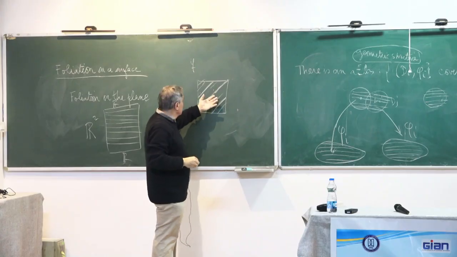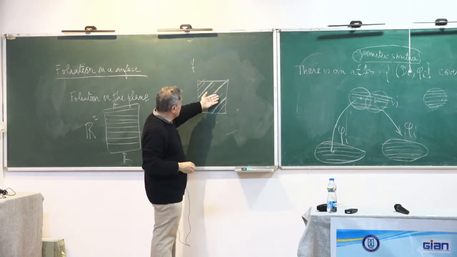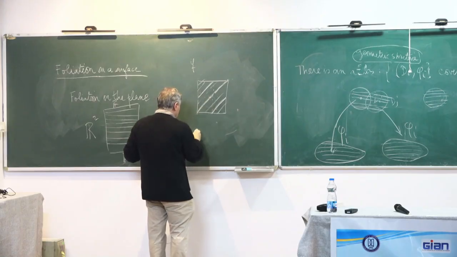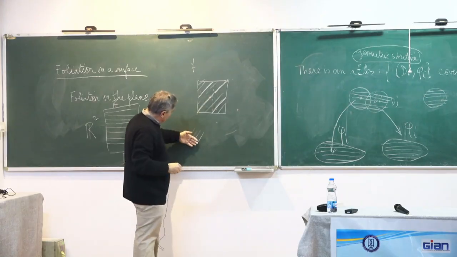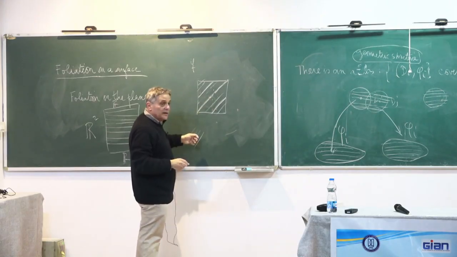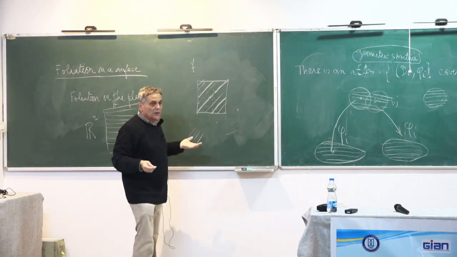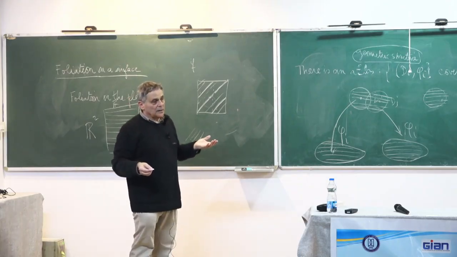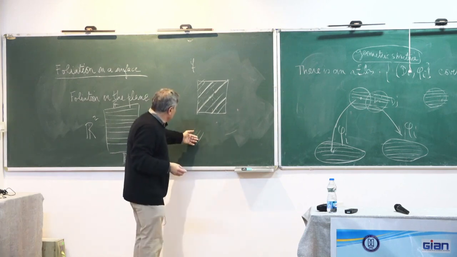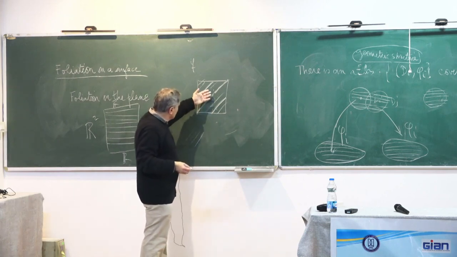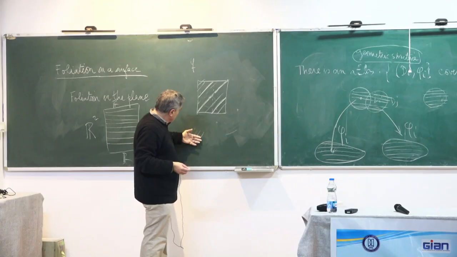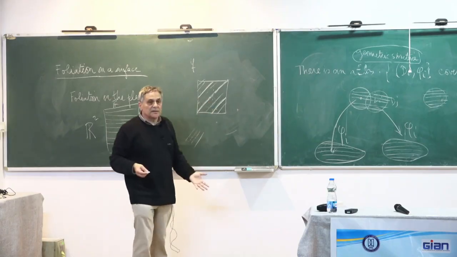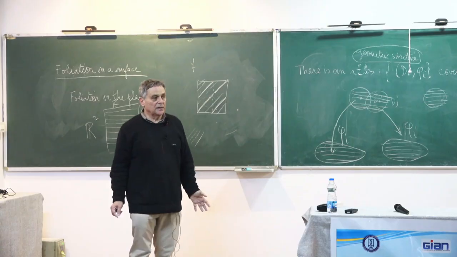Each point has a neighborhood where there is a well-defined foliation on the plane, and the change of coordinates will preserve this foliation, because it has exactly the same slope.